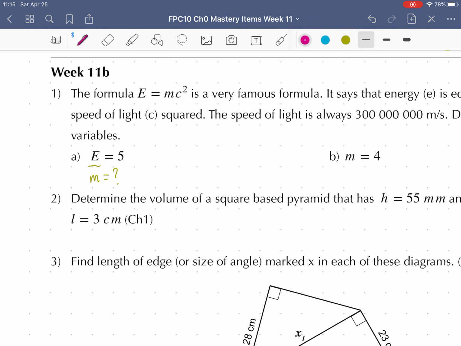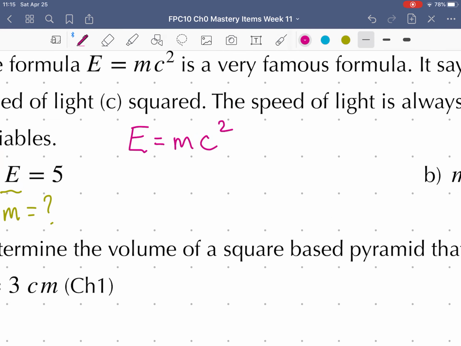So the first thing we're going to do is write out our formula. E equals mc squared. Now, I'm going to manipulate this formula so that m is by itself. So I want to isolate my m. I divide both sides by c squared.